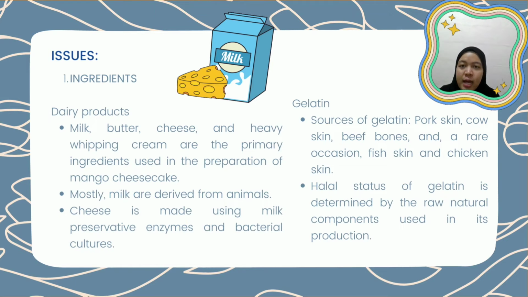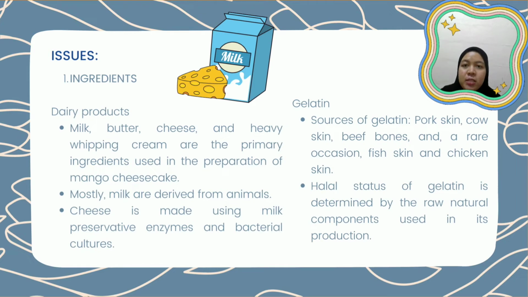Okay. Next is about gelatin. Depending on the source, gelatin may come from either halal or haram sources. So sources of gelatin are such as pork skin, cow skin, beef bone, and on rare occasions fish skin and chicken skin. The halal status of gelatin is determined by the raw natural components used in its products.